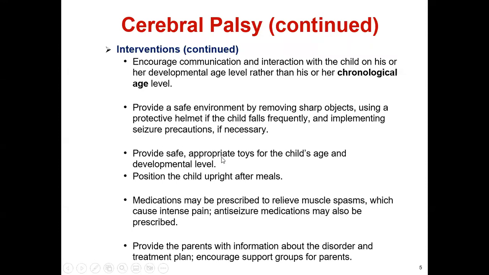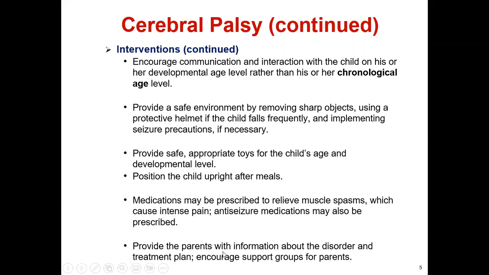Provide safe, appropriate toys for the child's age and developmental level. Position the child upright after the meal. Medication may be prescribed to relieve the muscle spasm, which causes intense pain. Also, anti-seizure medication may be prescribed.